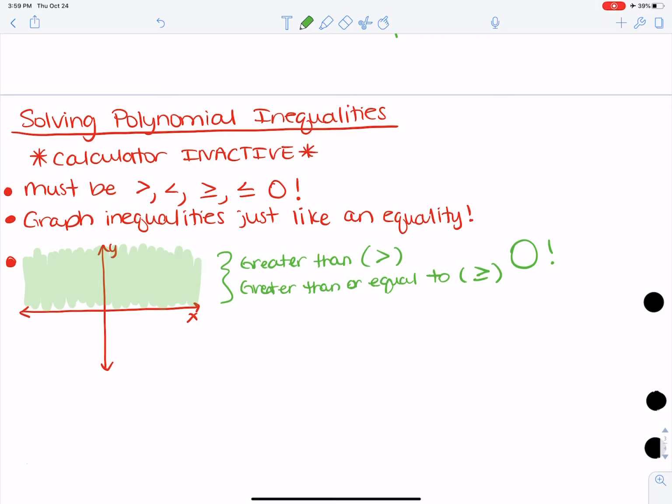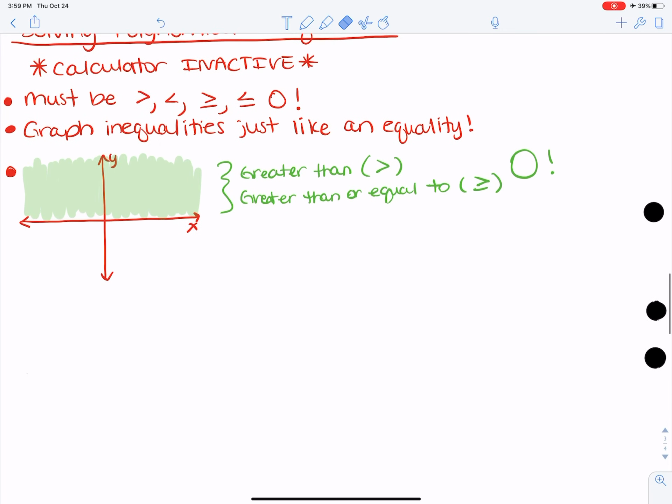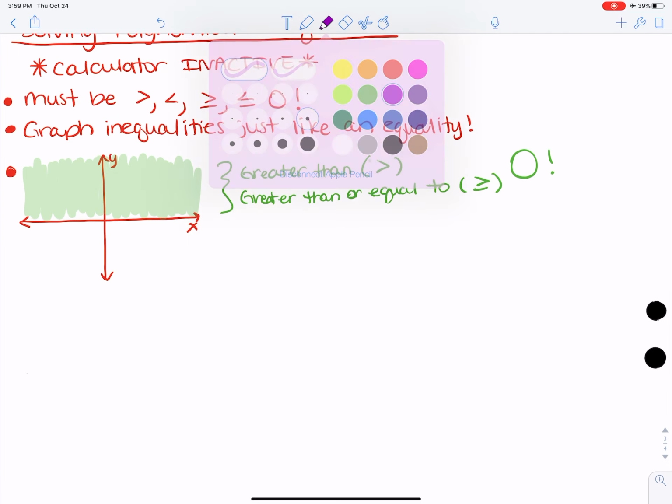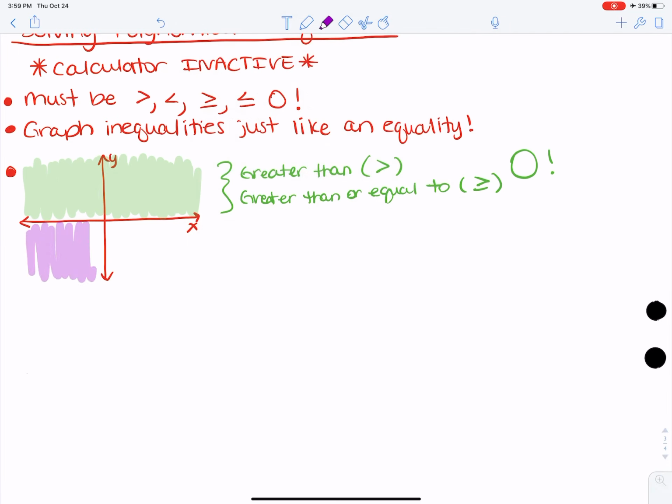And that's everything that's on top. So you're trying to tell me what part of the graph is on top. And then we have the bottom. Everything down here on the bottom is less than or less than or equal to. So less than, and you know what the less than sign looks like.